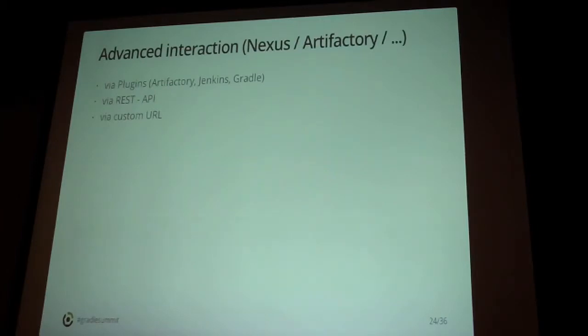Artifactory provides a plugin which allows you to integrate Jenkins, Gradle, and Artifactory in one pipeline, let's say. This way you can trace the build, so each jar file hosted in the Artifactory can be traced back to the build which produced it.